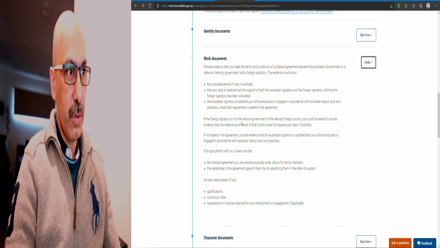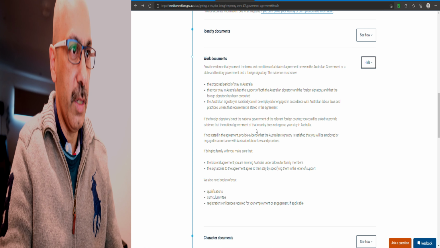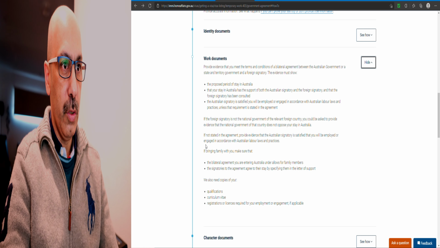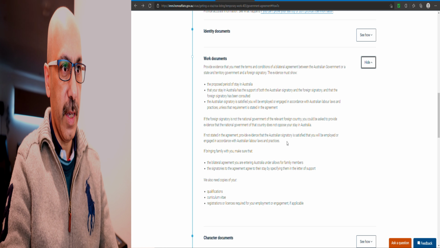If the foreign signatory is not the national government of the relevant foreign country, you could be asked to provide evidence that the national government of that country does not oppose your stay in Australia. If not stated in the agreement, provide evidence that the Australian signatory is satisfied that you will be employed or engaged in accordance with Australian labour laws and practices.